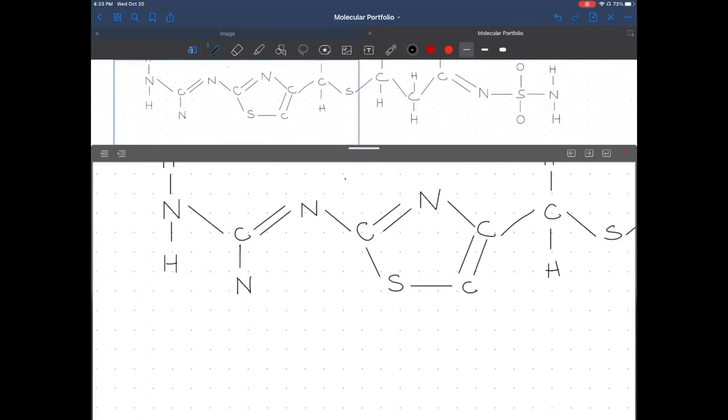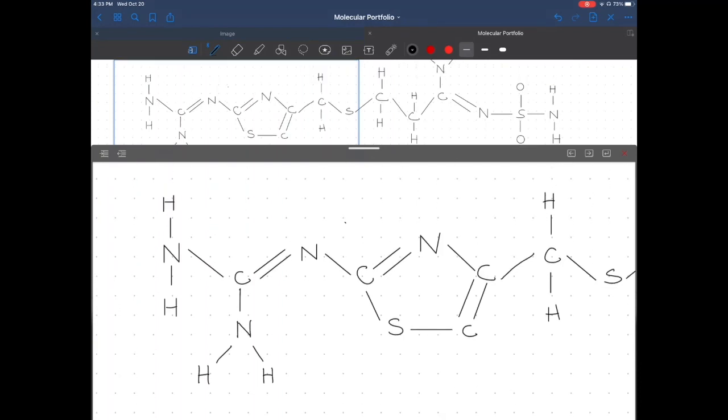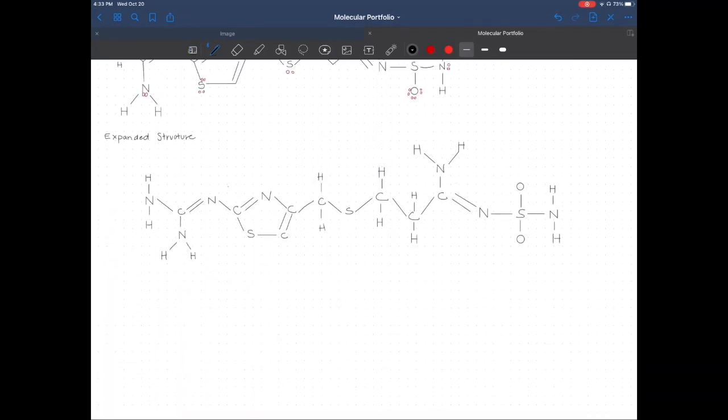I'm also adding the nitrogen that's bonded to the carbon and the hydrogens that are bonded to the nitrogen. In this structure, I will also go back in and add the lone pairs to the atoms that need to satisfy their octet.